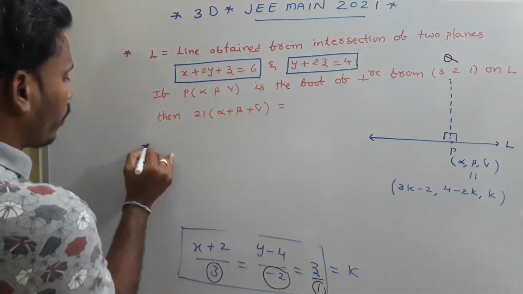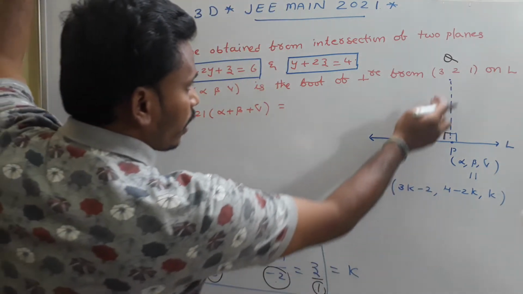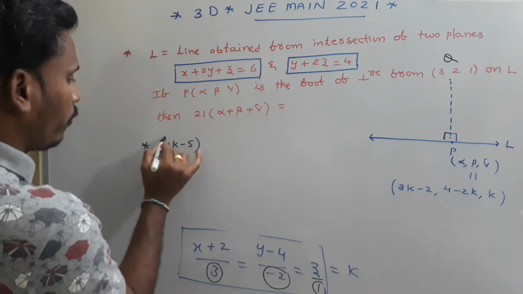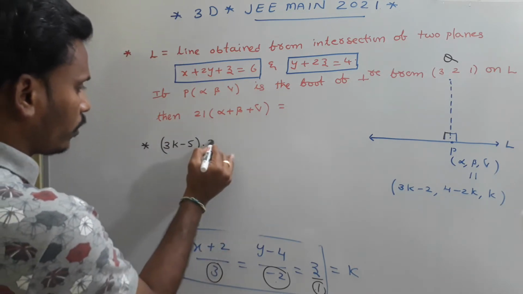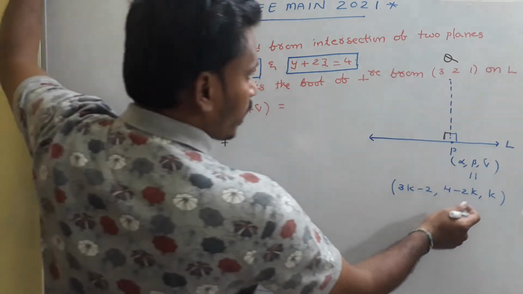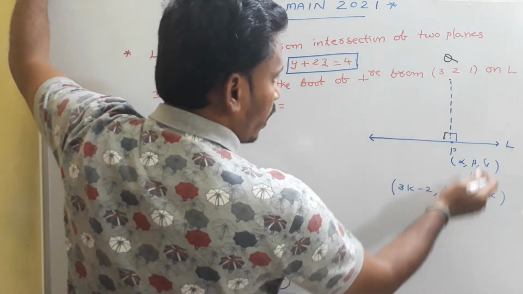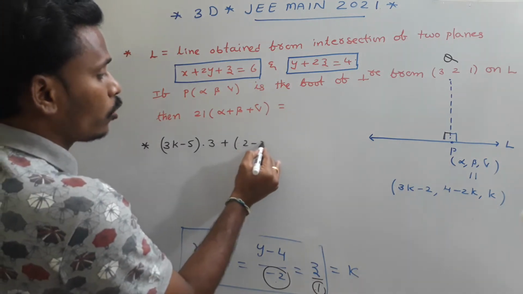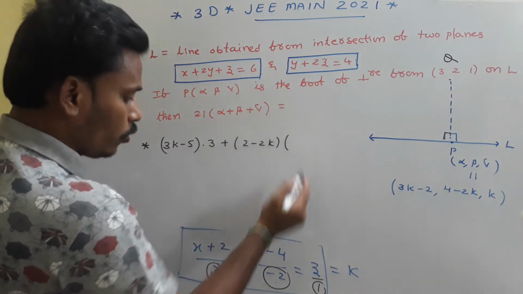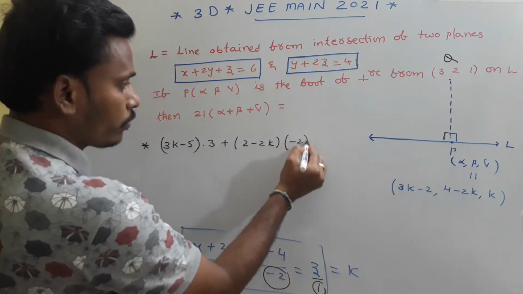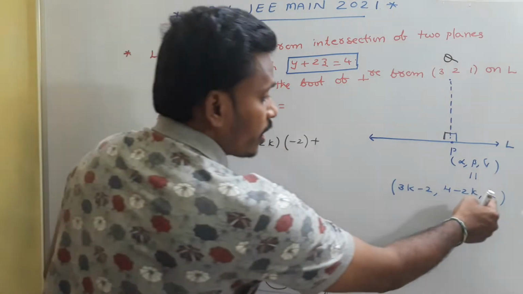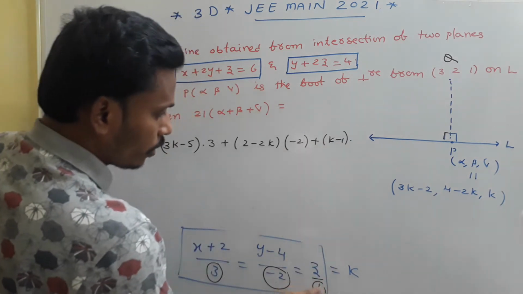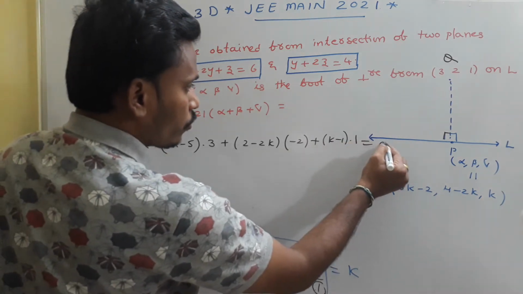So kabatti from that we get 3k minus 2 minus 3, which is nothing but 3k minus 5, into this 3, plus again subtraction of these two, 4 minus 2k minus 2, that means 2 minus 2k, into this minus 2, plus z2 minus z1, k minus 1, into this 1, is equal to 0.